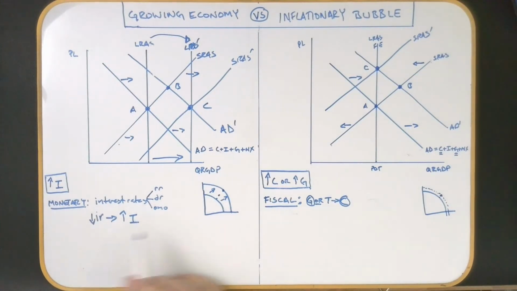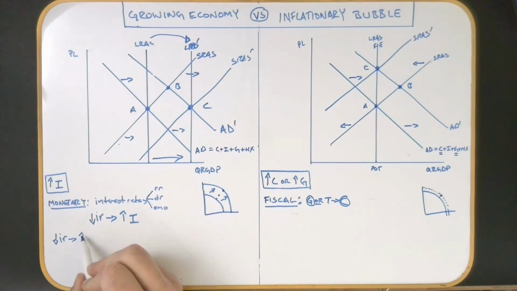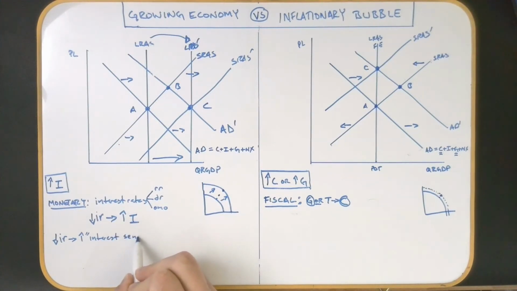Now, the one thing also that I want to stress here is the two phrases that AP especially likes. Whenever monetary policy lowers interest rates, there's always an increase in what they call interest-sensitive spending. So whenever there is a decrease in interest rates, that's always going to lead to an increase in, I'm going to use this phrase, interest-sensitive spending.